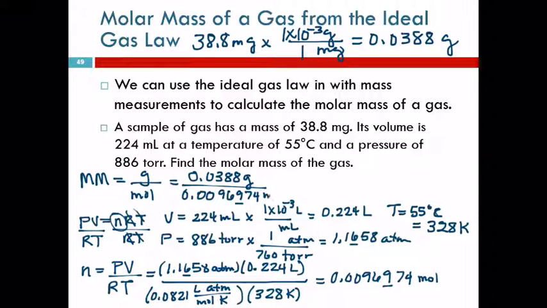Units are your friends, though. 0.0388 divided by 0.0096974 equals, and this should have 3 sig figs, so 4.00 grams per mole.